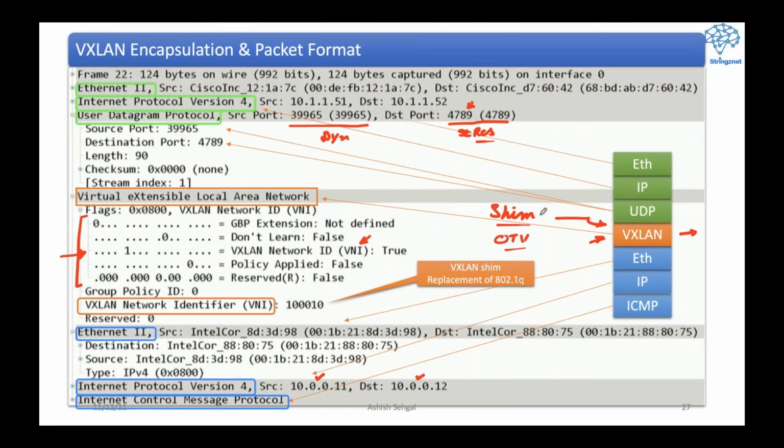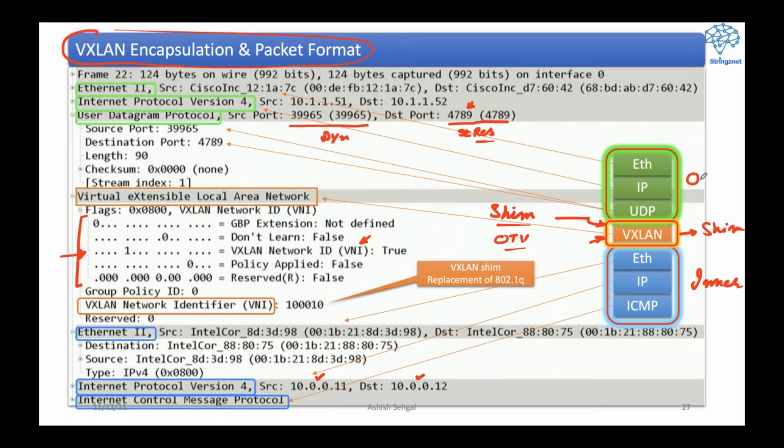Finally, one Ethernet header is added in front of the IP packet, and we can divide this entire VXLAN encapsulation into three parts. This part is our inner, this part is our shim, and this part is our outer.